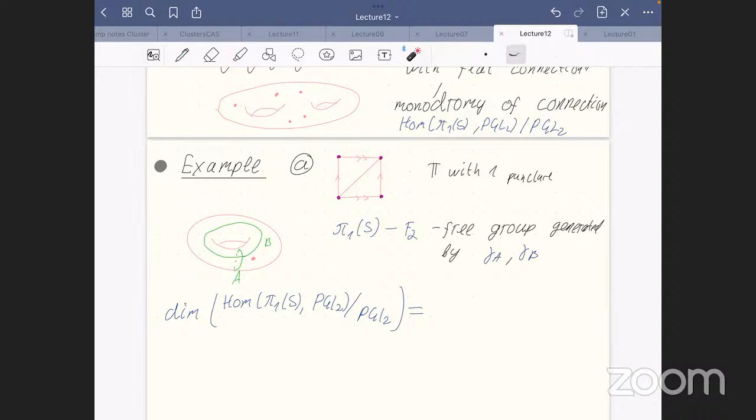We have two matrices, rho of gamma A and rho of gamma B. Each of them belongs to PGL2, so it has 3 coordinates. So overall, the space of these homomorphisms is 6-dimensional. And we take the quotient with respect to a 3-dimensional group. So the dimension is equal to 3.